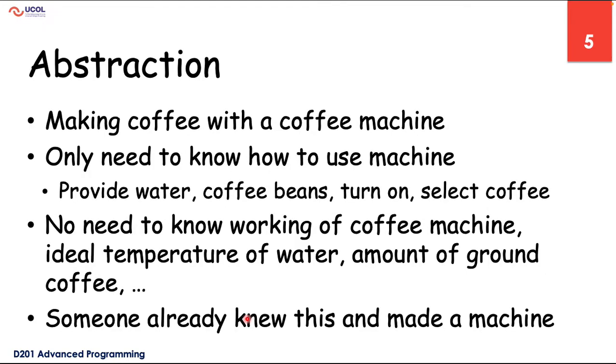Abstraction: making coffee with a coffee machine. We only need to know how to use the machine, not how it is working. We need to provide water, we need to provide the beans, turn on, select the coffee and hit the start button. We don't need to worry about how it is being implemented inside the machine.